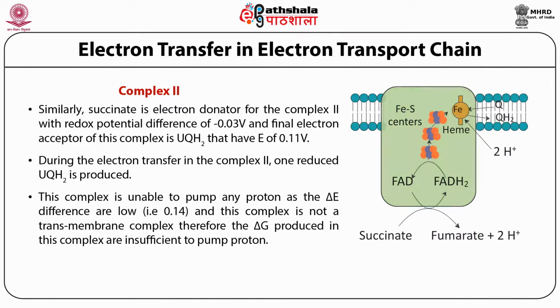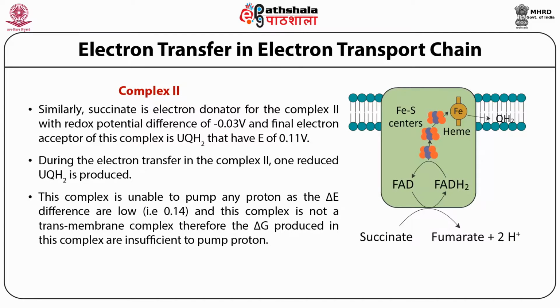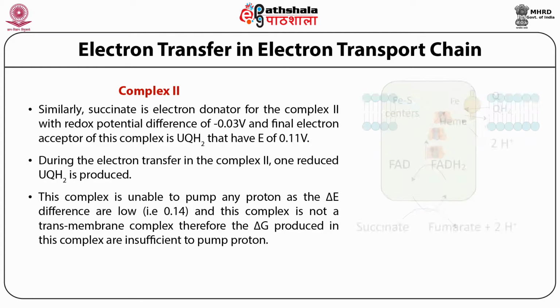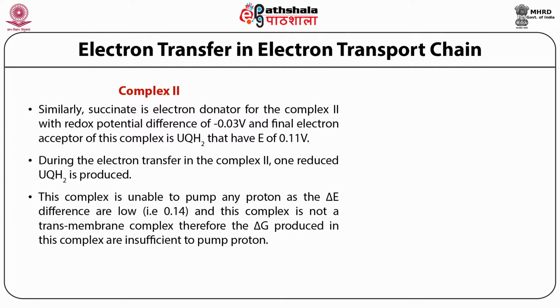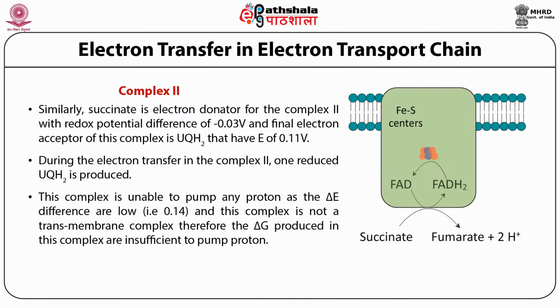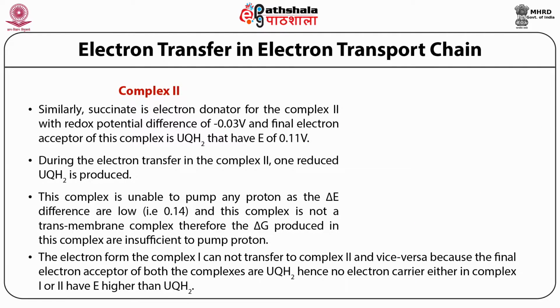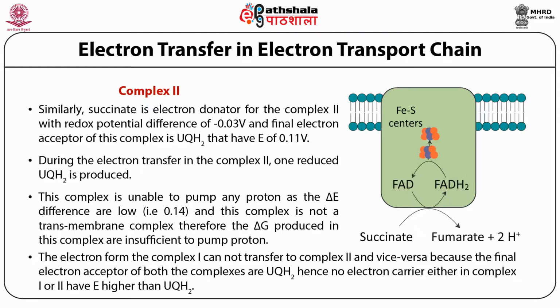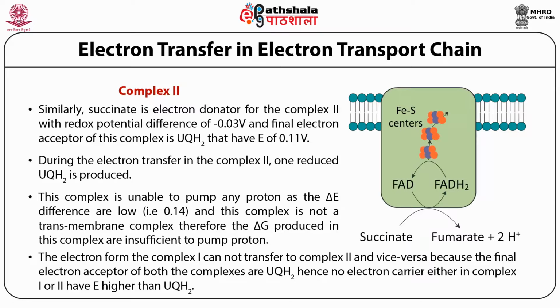That reduced ubiquinone gives its electron to complex third. The interesting point here is that in complex first we are producing reduced ubiquinone, and in complex second we are also producing reduced ubiquinone, but no electron carrier in complex first has a reduction potential higher than reduced ubiquinone, and no electron carrier in complex second has a reduction potential higher than ubiquinone.